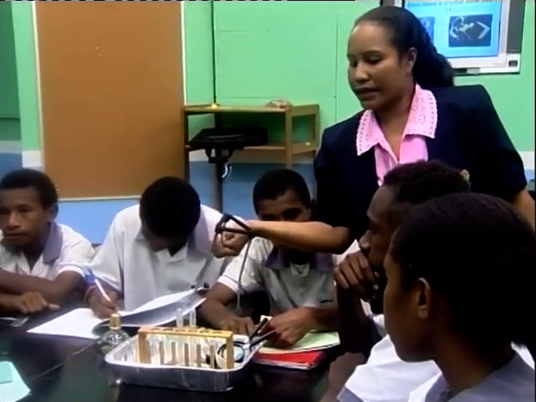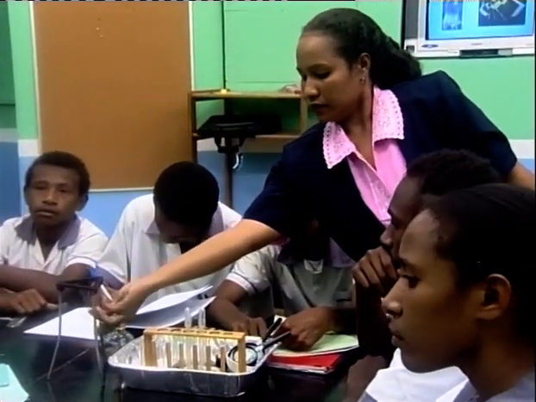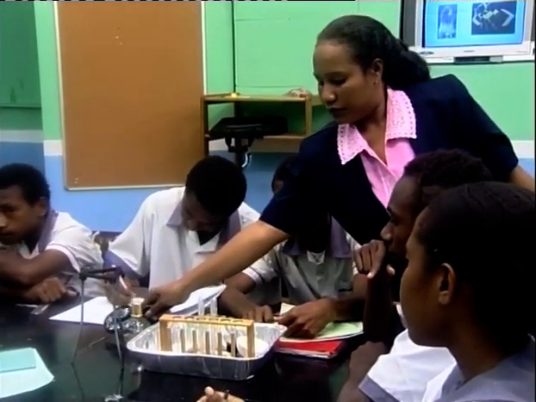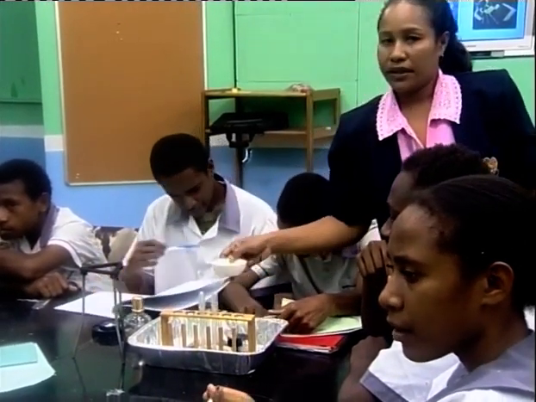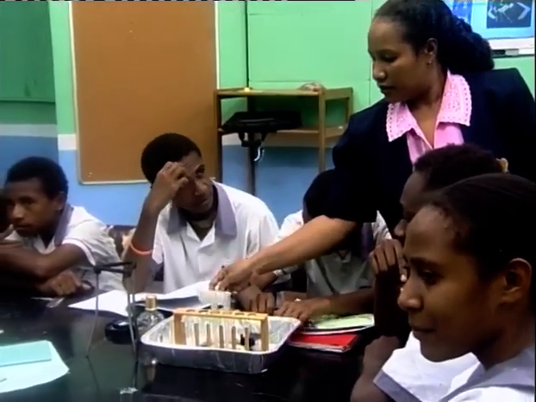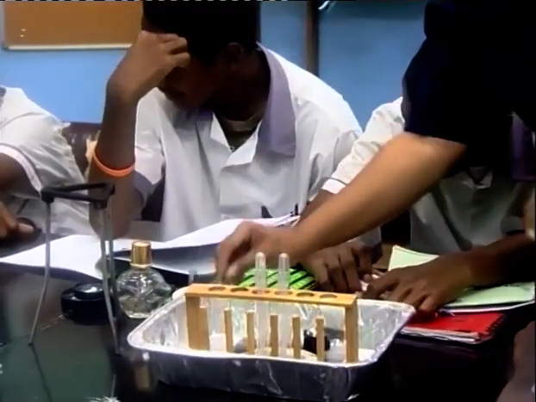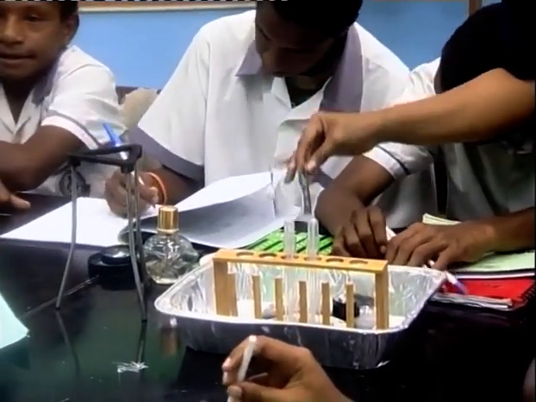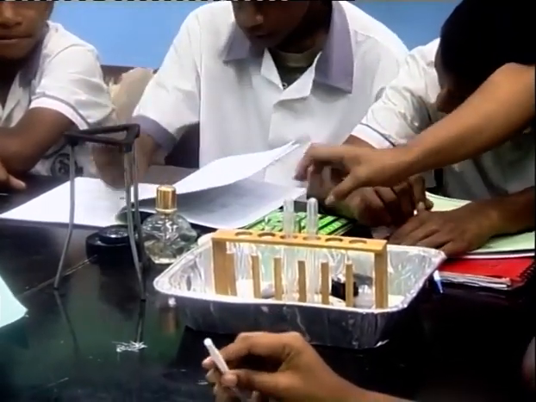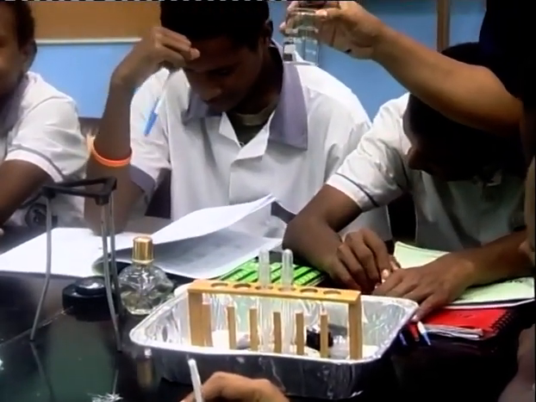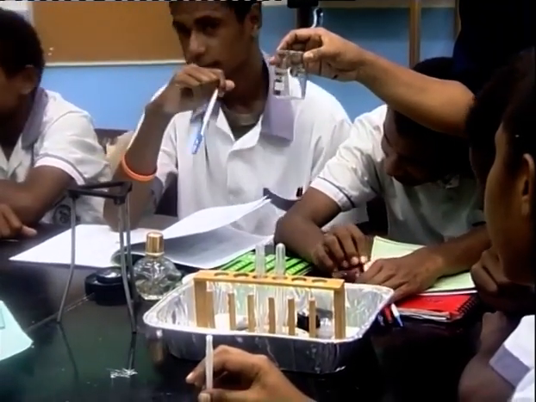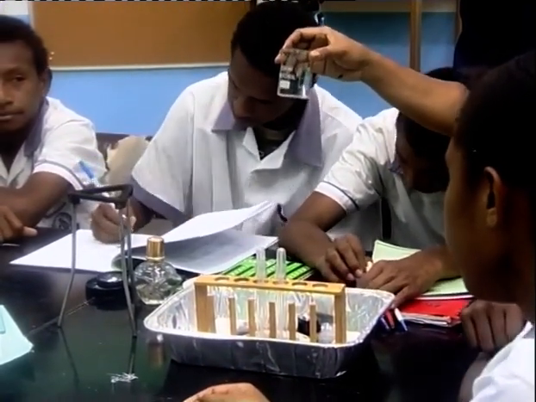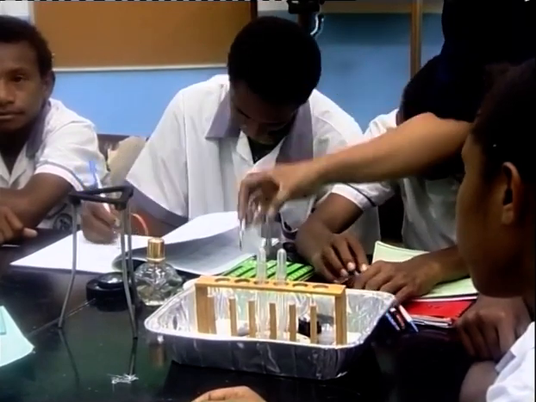A tripod stand. Hand lenses. Evaporating dish. A beaker. We are using another beaker because we don't have enough evaporating dishes. For receiving students and teachers, if you have a glass jar, you can use that to carry out this experiment today.